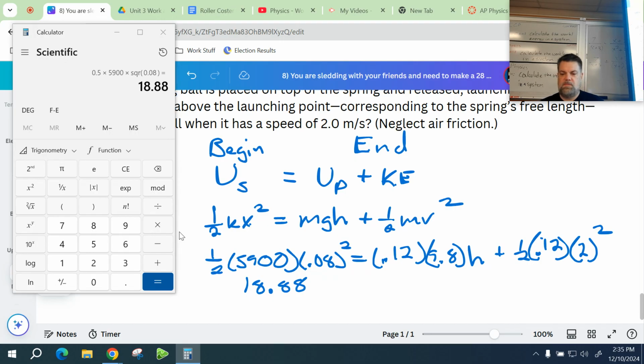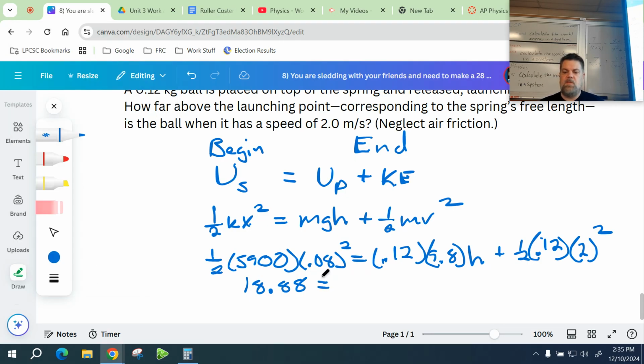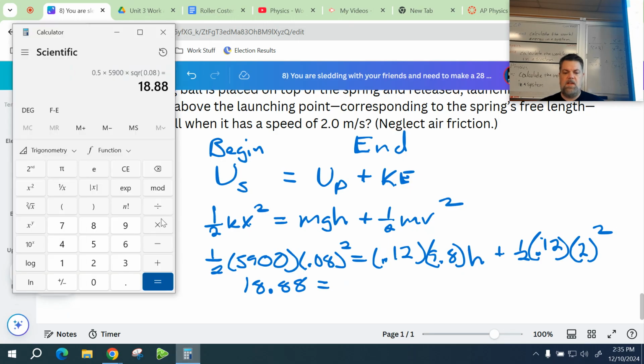And then that's equal to 0.12 times 9.8.